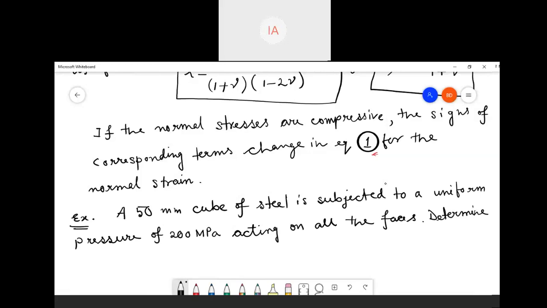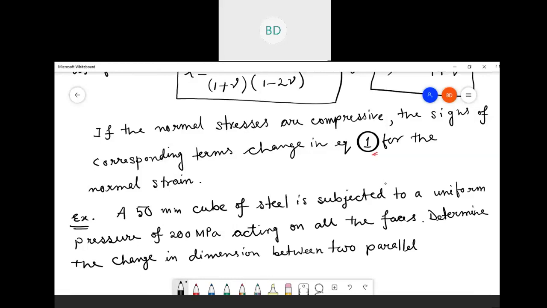Determine the change in dimension between two parallel faces in the cube.